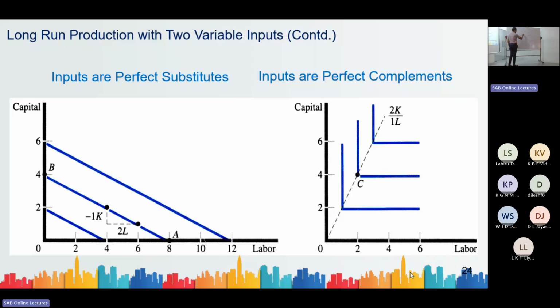When moving from point C to D, quantity declines by 2 and here quantity increases by 2. So minus 2 divided by 2, the slope is minus 1. And MRTS is 1.